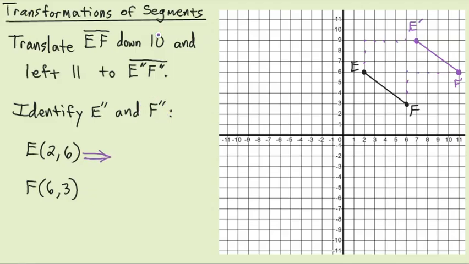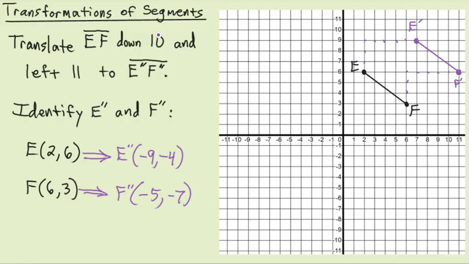So for E double prime, we're going to subtract 10 from 6, and we're going to subtract 11 from 2. Well, 2 minus 11 is going to be negative 9, and 6 minus 10 is going to be negative 4. And then our F double prime is going to be 6 minus 11, which is negative 5, and 3 minus 10 is going to be negative 7.